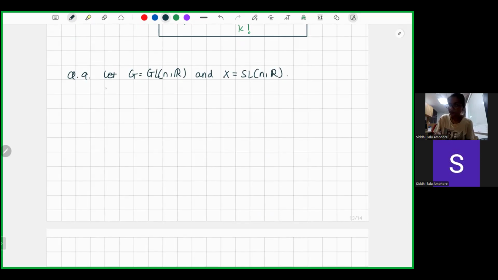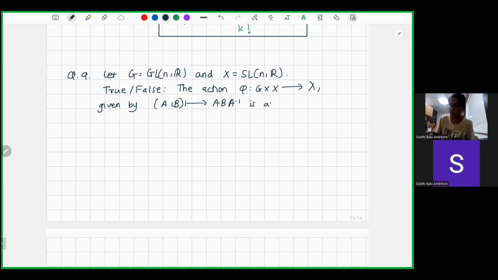Then we have to check whether it is true or false that the action of this phi from G comma X to X, given by A comma B going to ABA inverse, is an action of GLNR on SLNR.